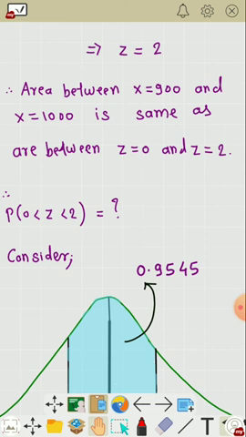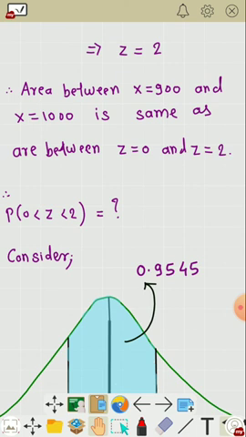Therefore, the area between x equal to 900 and x equal to 1000 is the same as the area between z equal to 0 and z equal to 2. Therefore, we have to find the probability of z greater than 0 and less than 2.